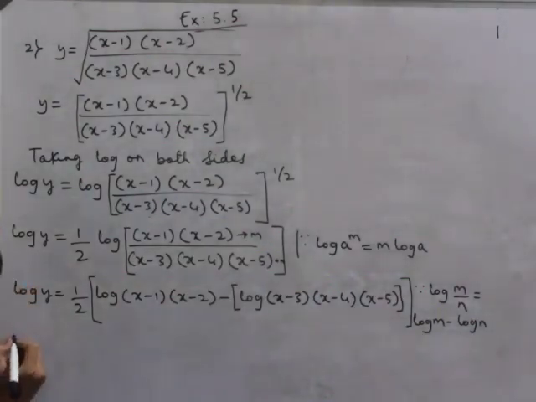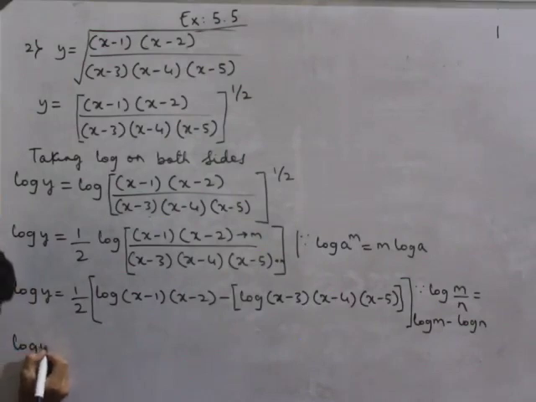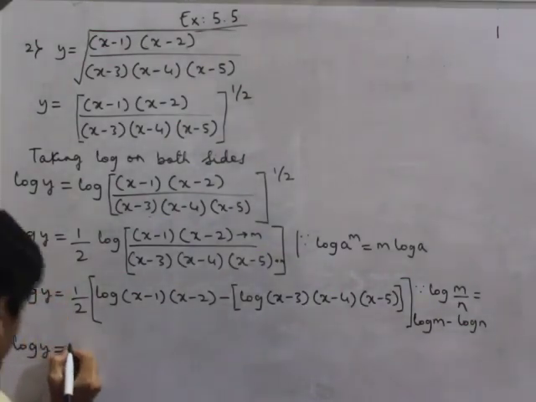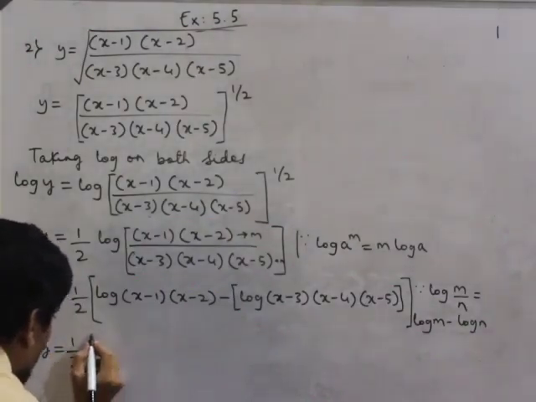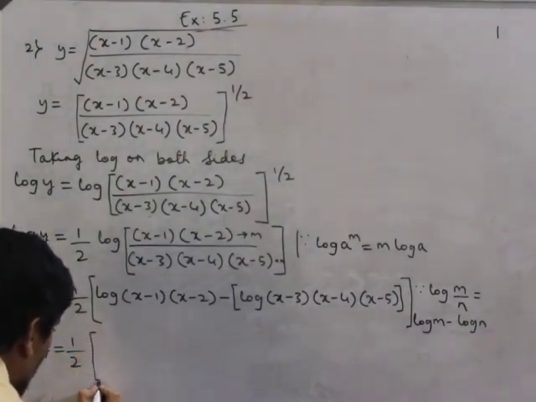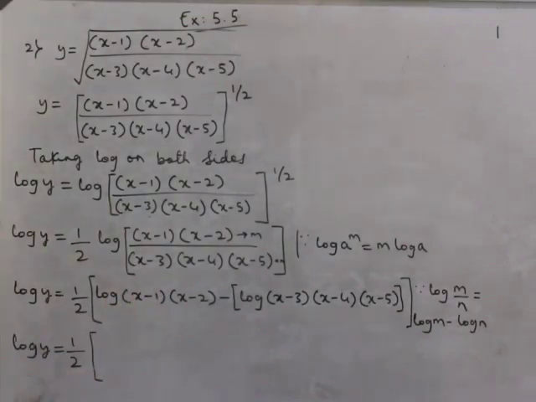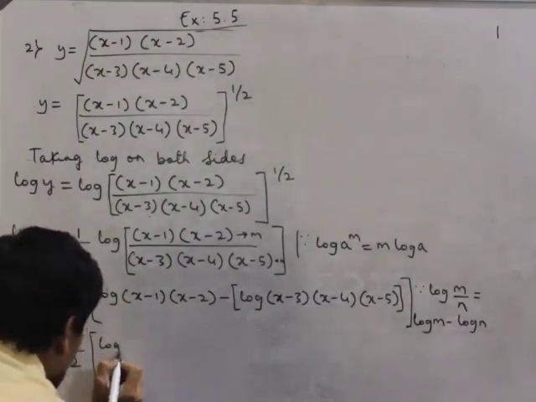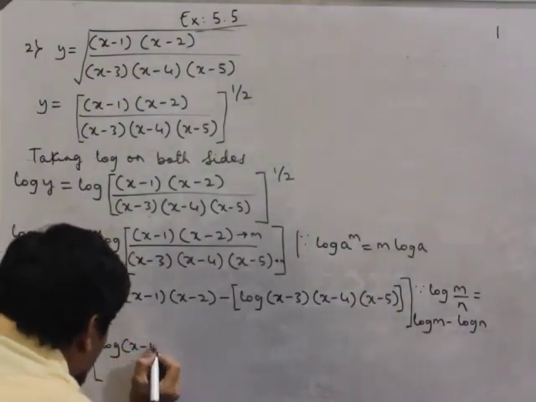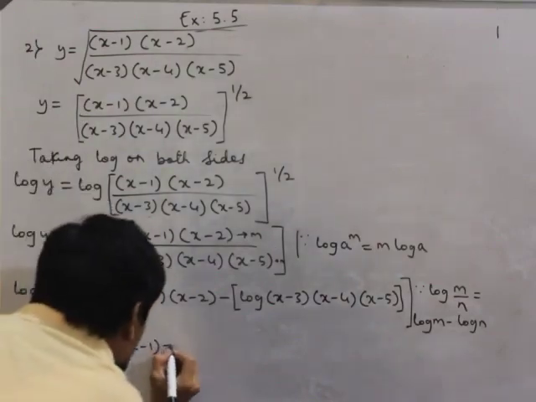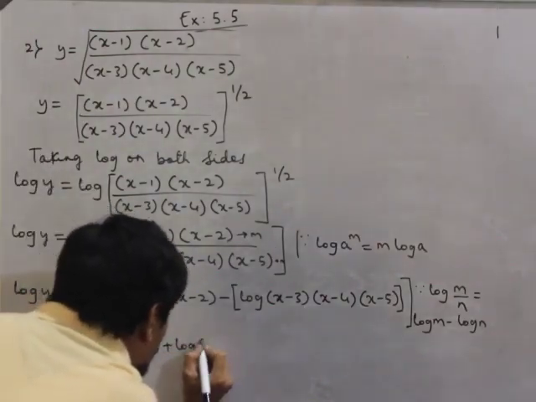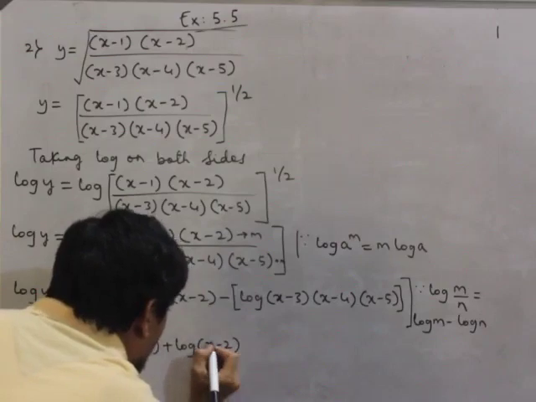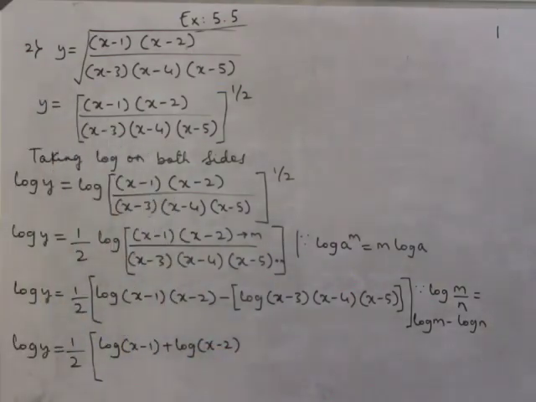Next step. Log y is equal to half into log m plus log n. This is of the form log mn. Write it like this: log m plus log n.